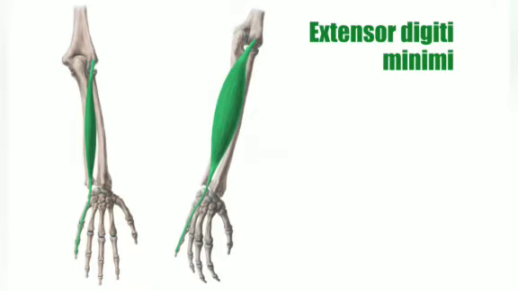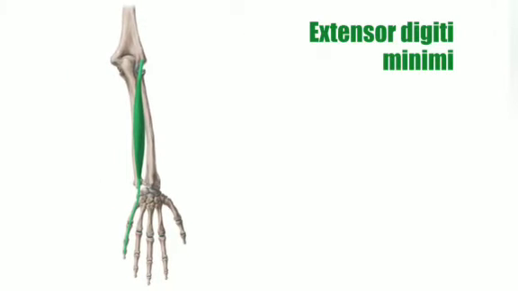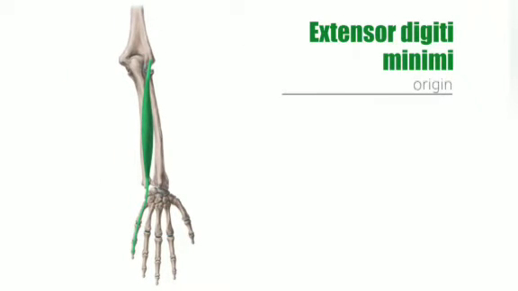This is a slender muscle and is found on the ulnar side of the extensor digitorum muscle, almost in line with your little finger, as you can see here on this image. Its muscle belly sometimes blends with the extensor digitorum muscle. Now let's talk about the origin of the extensor digiti minimi.